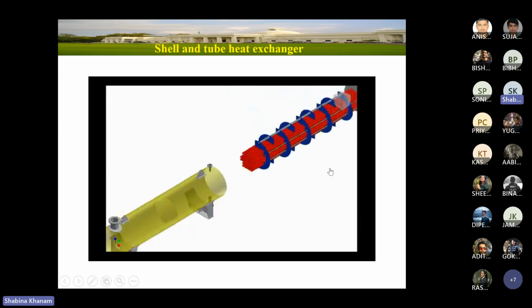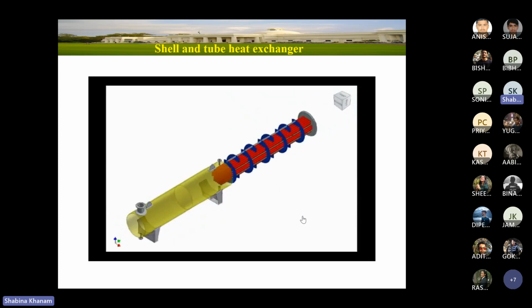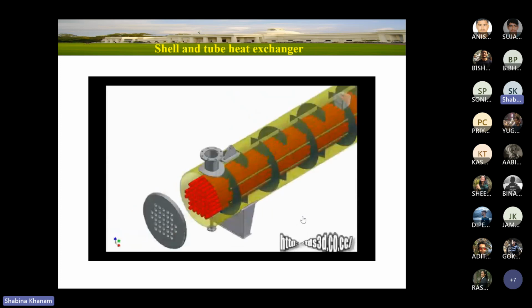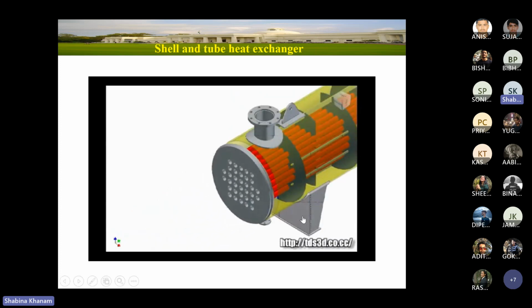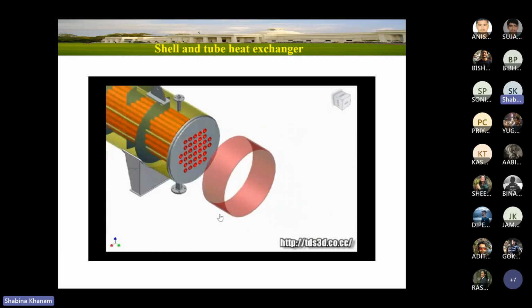So this is a very flexible thing as far as a shell and tube heat exchanger is concerned. You can observe the bundle is inserted, and here we have the other tube sheet.